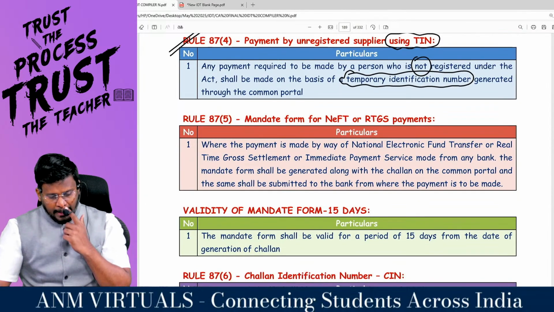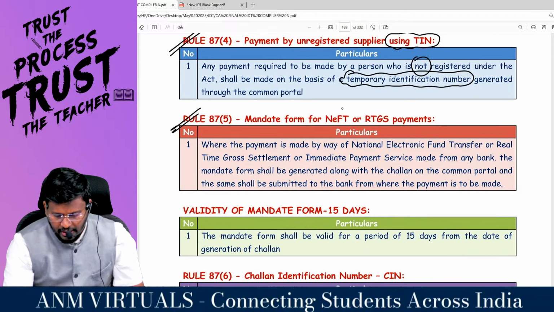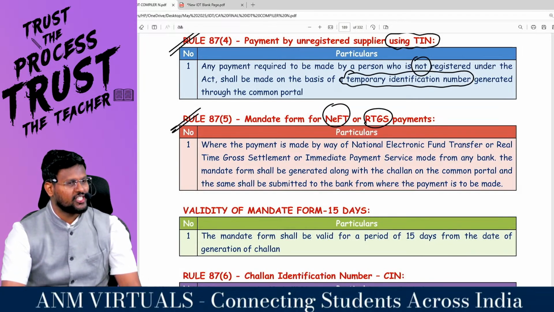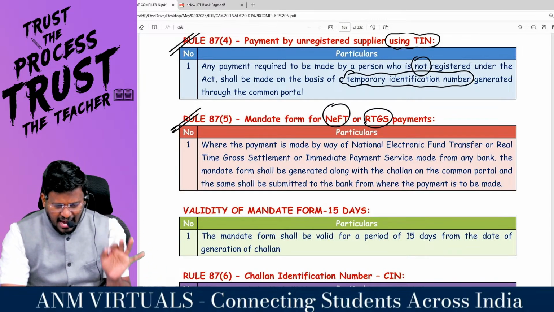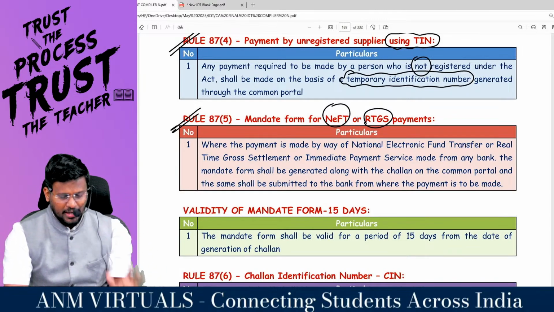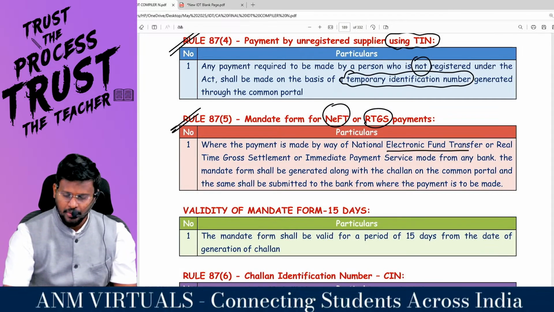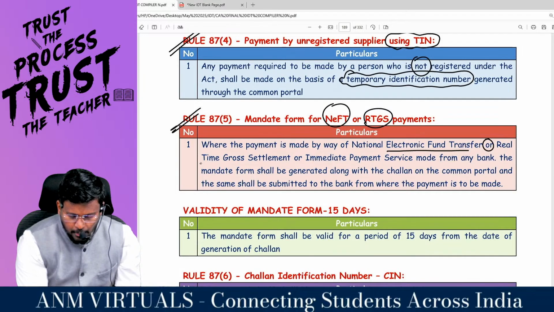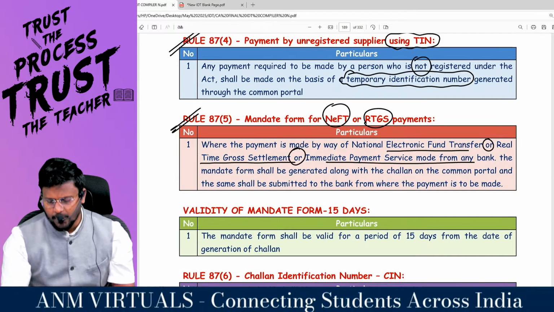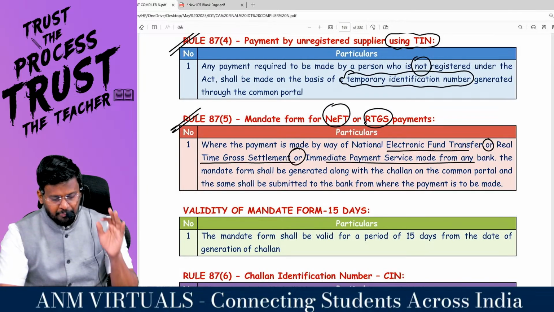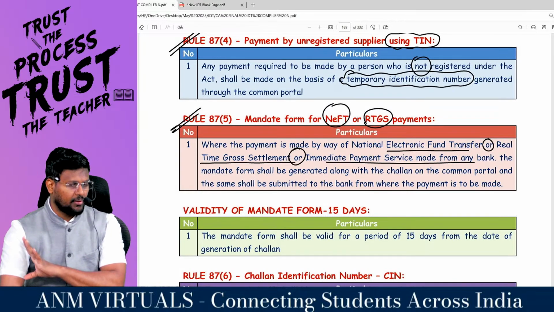Right, sir? Rule number 87, sub-rule 5, mandate form for NEFT and RTGS payment. If you are making payment through RTGS or NEFT, where the payment is made by way of national electronic fund transfer or real-time gross settlement or immediate payment service mode from any bank, the mandate form shall be generated along with the Challan.